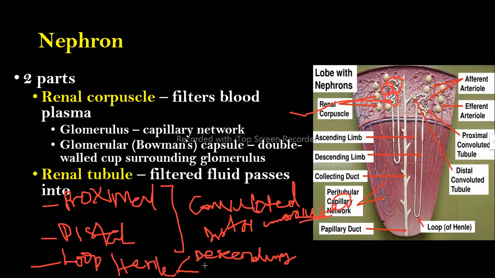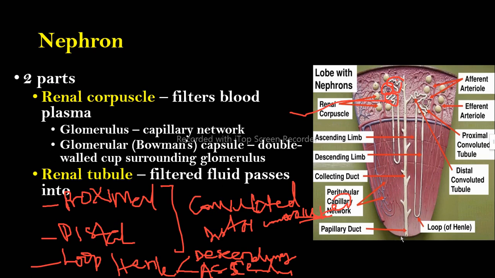And the ascending; ascending means moving up: the ascending loop of Henle. And then finally, they all pour their filtrate into one large tube, which is a collecting duct.